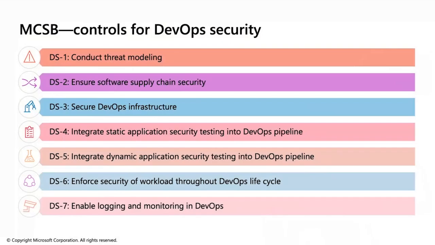So Microsoft Defender for Cloud is not only designed to give you security recommendations for your infrastructure as a service and platform as a service, but it also gives you security recommendations for these DevOps environments, or even AWS and GCP as well. So we get these recommendations.